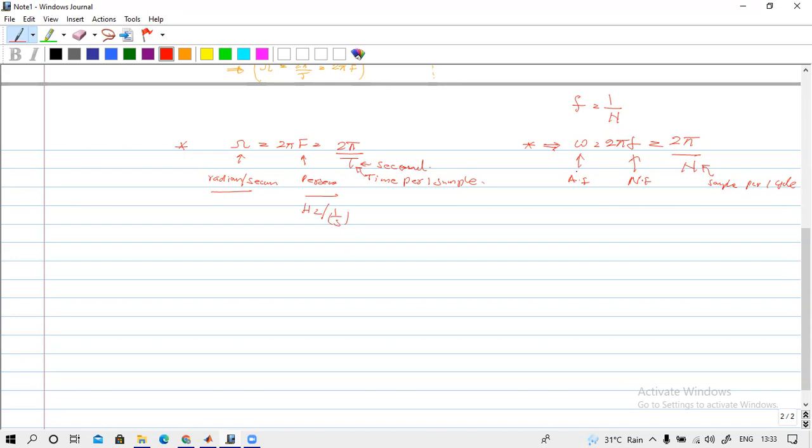So can anyone tell what is the unit of this omega in a discrete time signal? Is it radian per second? Yes or no? I would like you to talk with me.